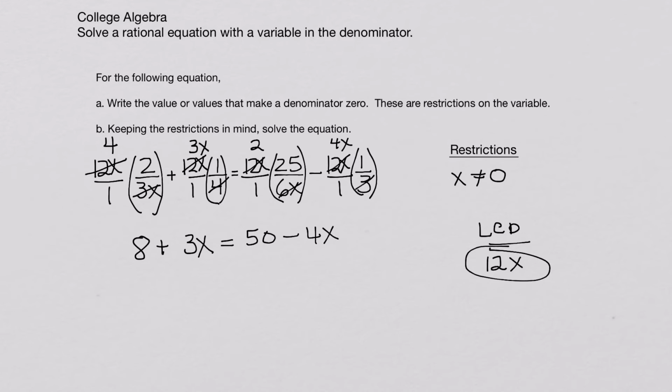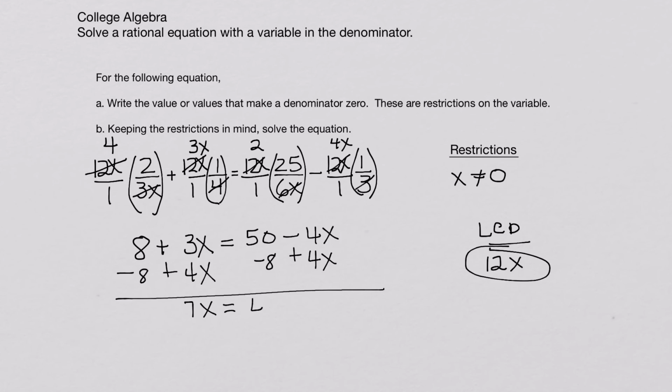is 4x. So now I have a regular linear equation which you probably don't need any help solving. I'm going to solve it real quick here and add 4x to both sides, get my x terms together, and at the same time I'll subtract 8 from both sides, and so I get 7x equals 42, and when I divide both sides by 7, this gives me x equals 6.